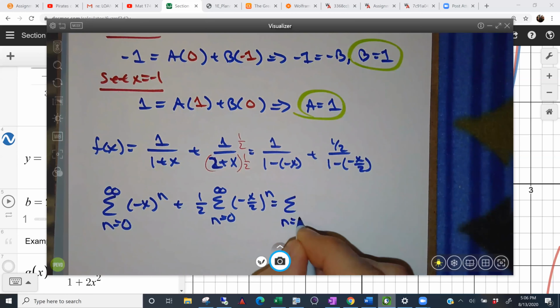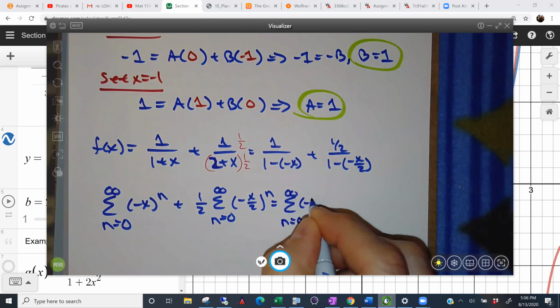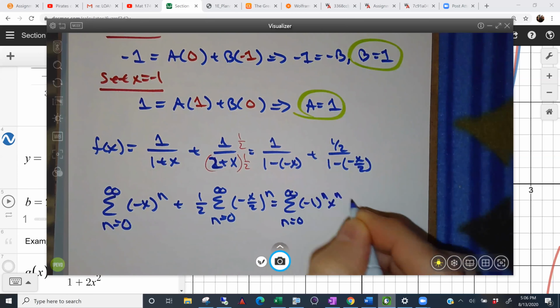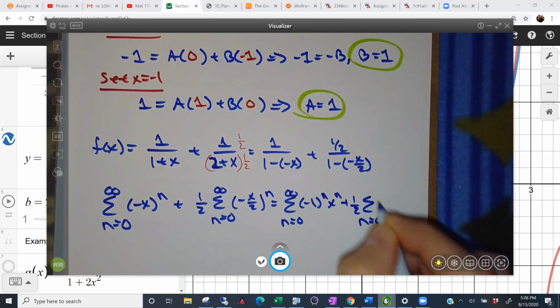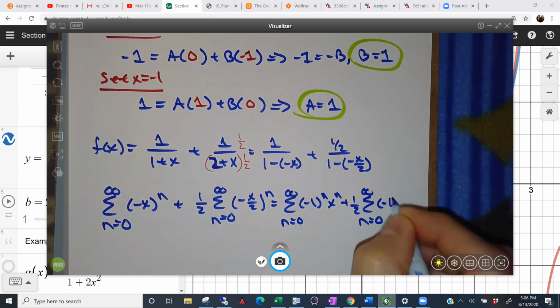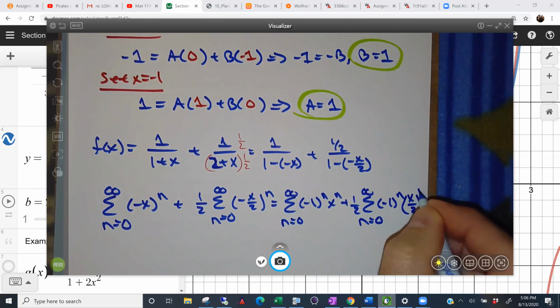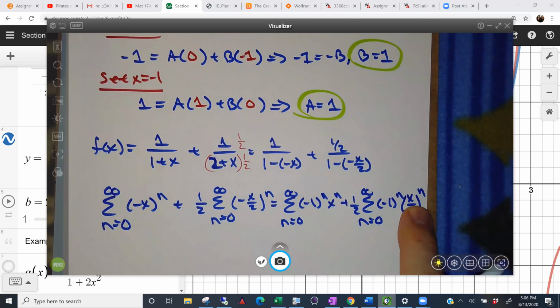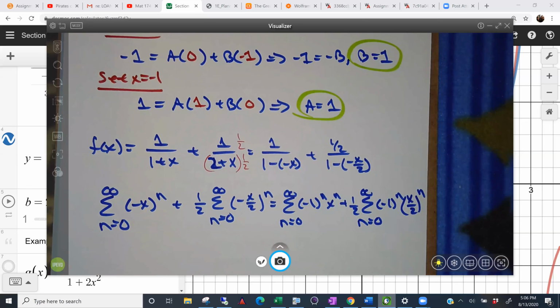Sum from n equals 0 to infinity, negative 1 to the n, x to the n, plus 1/2 times the sum from n equals 0 to infinity, negative 1 to the n, x over 2 to the nth. You could write it as x to the n over 2 to the n, which is not a bad way to write it, just happened not to in this case. So not so bad once we got the factorization.